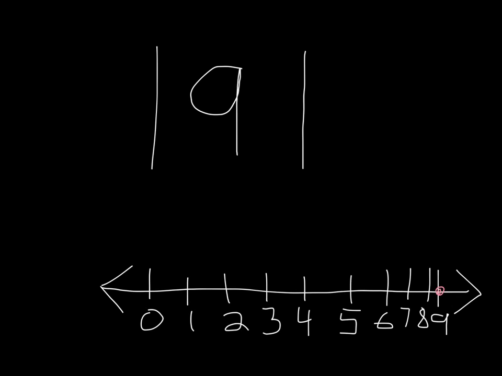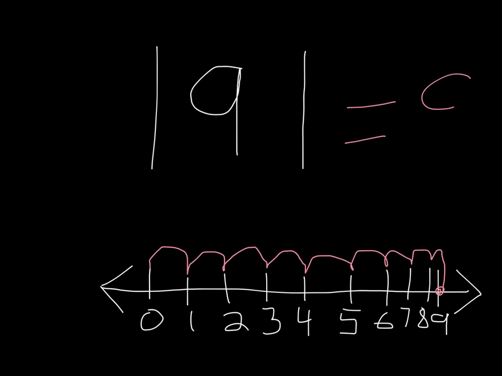Kind of try to overlook that this time. But from 9 we'd go here 1, 2, 3, 4, 5, 6, 7, 8, 9. Therefore, the absolute value of 9 would equal 9.